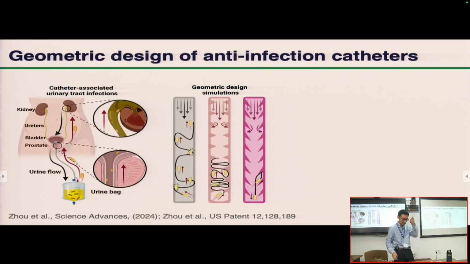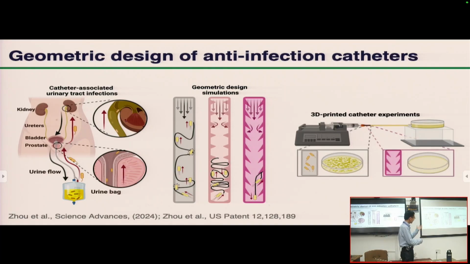And what we actually did is make use of machine learning to reduce the number of simulations I have to do for these shapes, but that's not important here. Again, you can easily 3D print these catheters with these internal ridges, and then characterize how they behave.